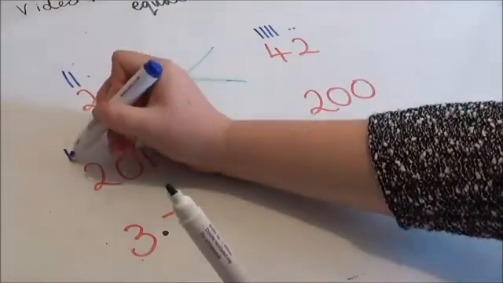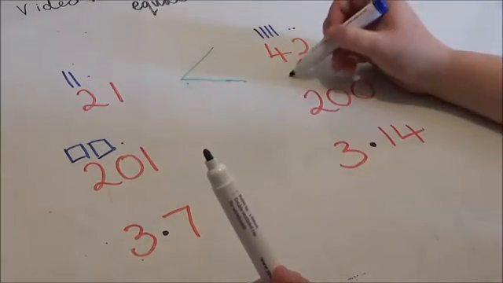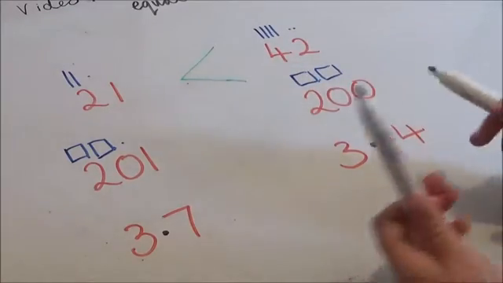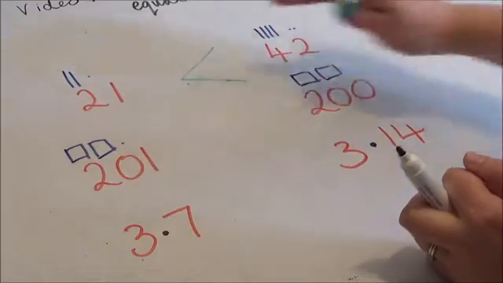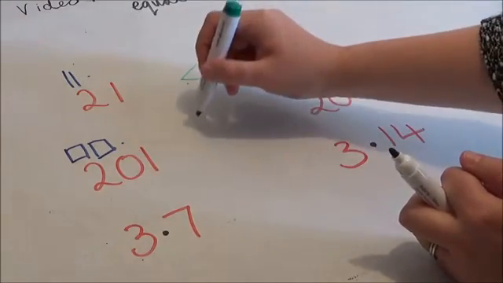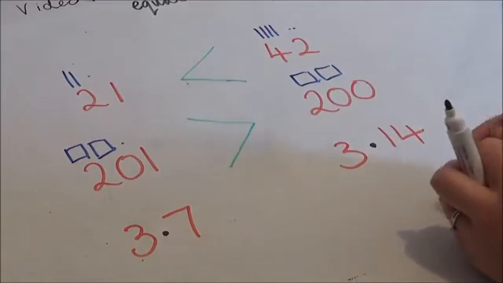Here we've got 2 hundreds and 1 unit, and here we've got 2 hundreds without any units or tens at all. So we can clearly see that this has got 1 more unit than this number here, so this is going to be the biggest number, the greater number, so the largest opening is going to be facing 201.